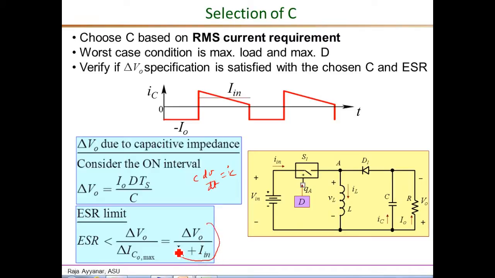So this expression gives the required ESR. This is the upper limit. So any capacitor that has this RMS current rating and ESR less than what is obtained by this expression should be sufficient. And we should also ensure that the voltage rating is at least the output voltage plus some sufficient safety margin.